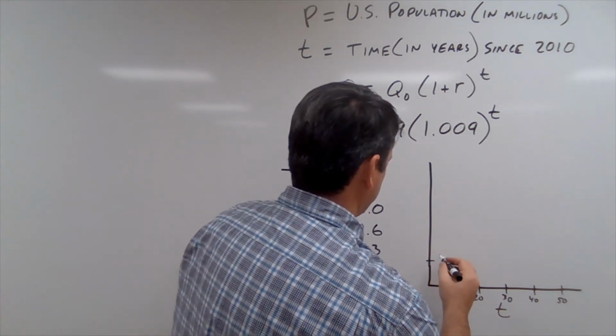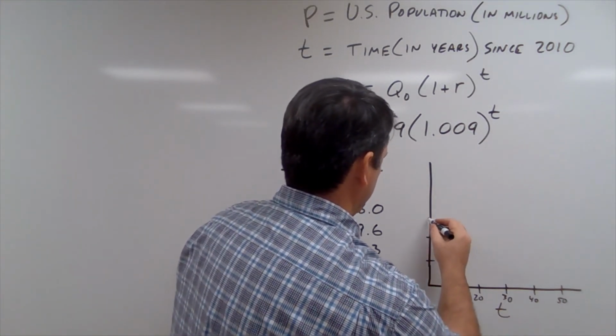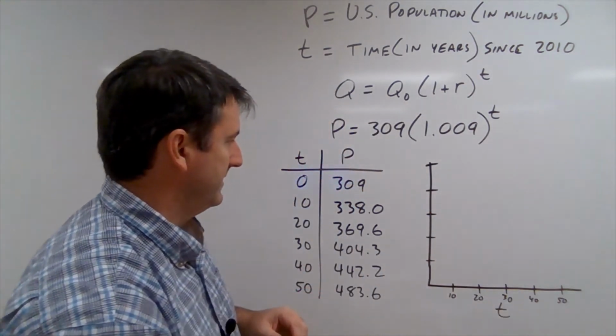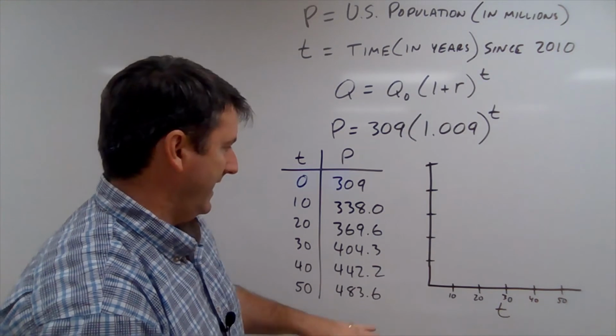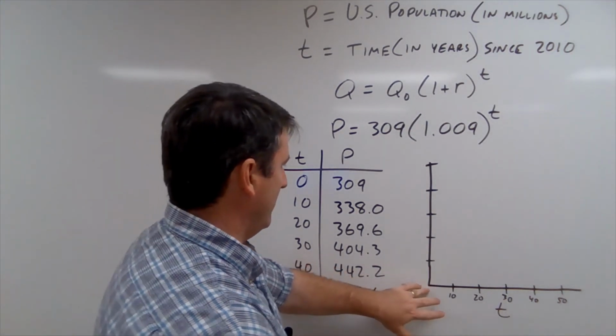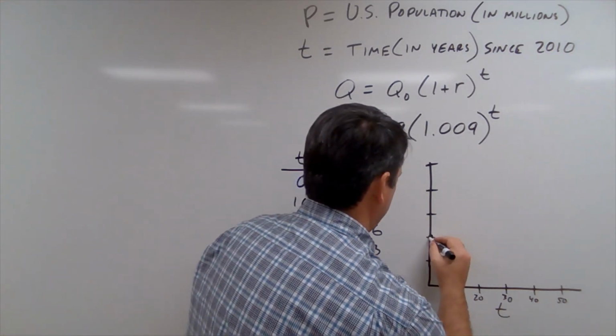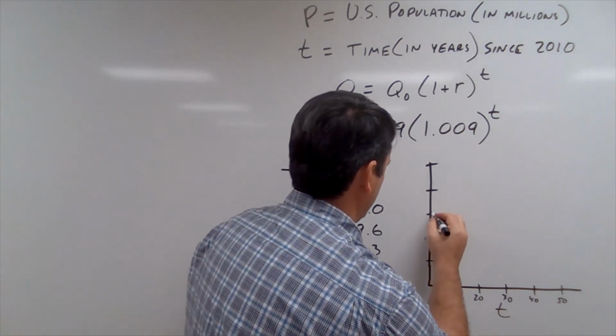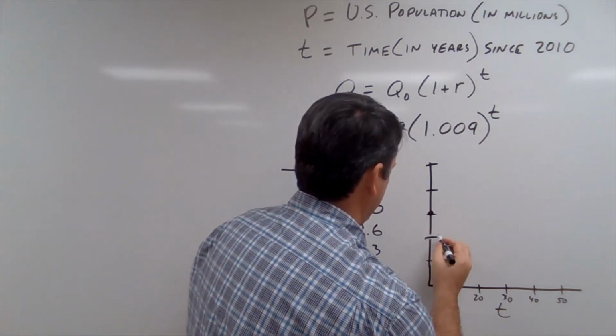So let's go 100, 200, 300, 400, and 500. And in year 0, we had a population of 309. Nope, that's 200. I need to go up one more, 309.